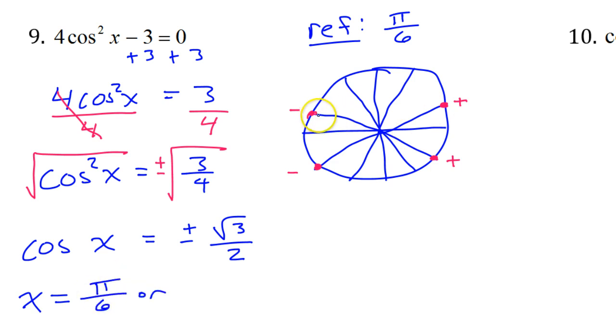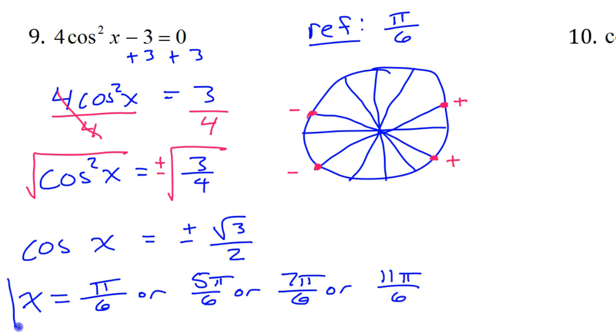The next one, all right, this is 1 pi over 6, 2 pi over 6, 3 pi over 6, 4 pi over 6, 5 pi over 6. 6 pi over 6, 7 pi over 6. 8 pi over 6, 9 pi over 6, 10 pi over 6, 11 pi over 6. So these are the 4 solutions to number 9.